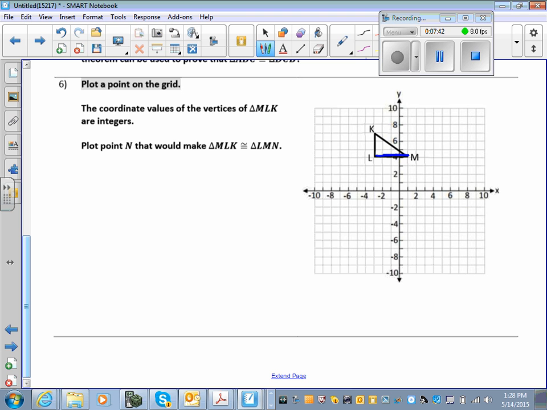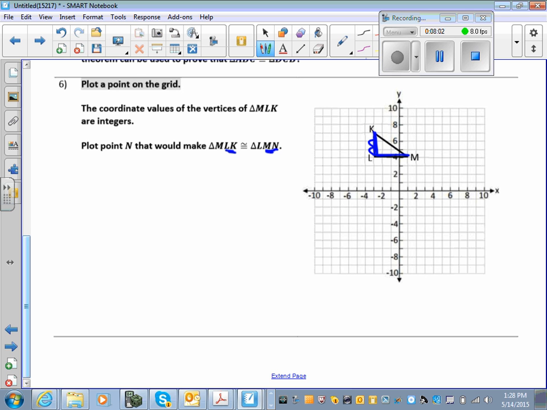So I'm still going to use this piece, M and N. I can go down or up, it doesn't matter which way you go. But you have to make sure KL, the distance from K to L, is the same as from M to N. So I need to know the distance from K to L.